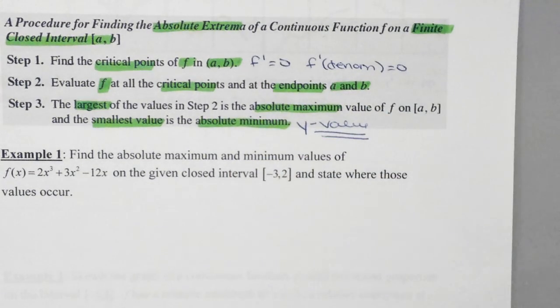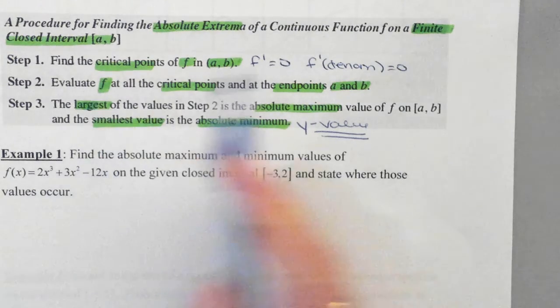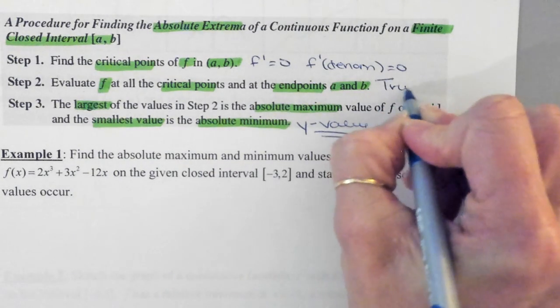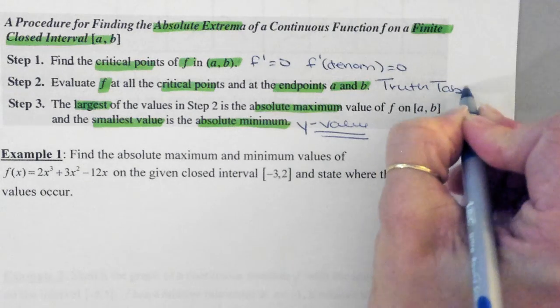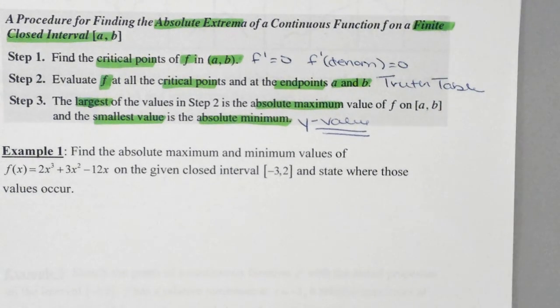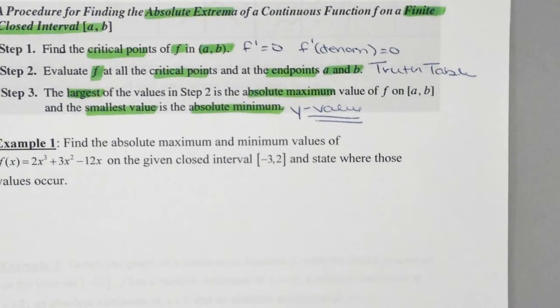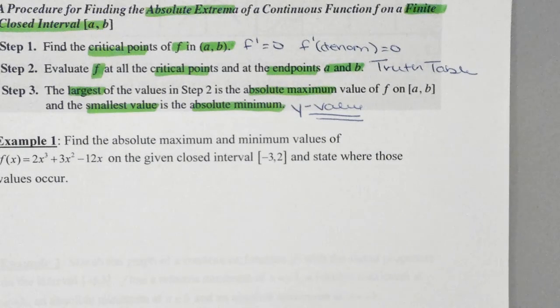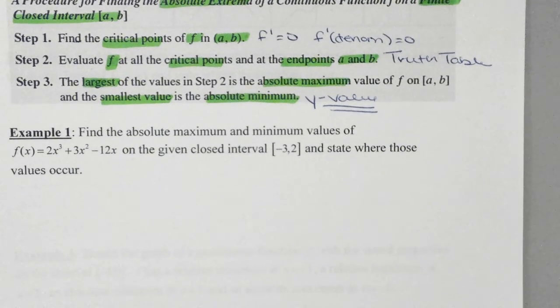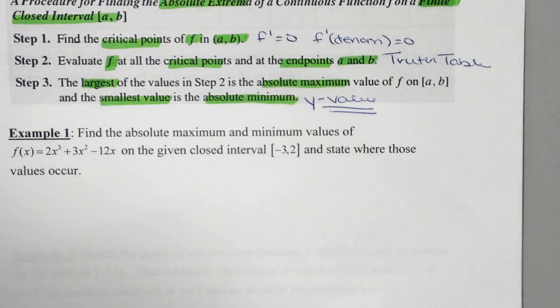Okay, so here's the deal. When we're doing this, we're going to use what's called a truth table. There are some of you who like to do your work in the form of sprinkles or a sprinkler, meaning you got work here, you got work there, you got work everywhere.